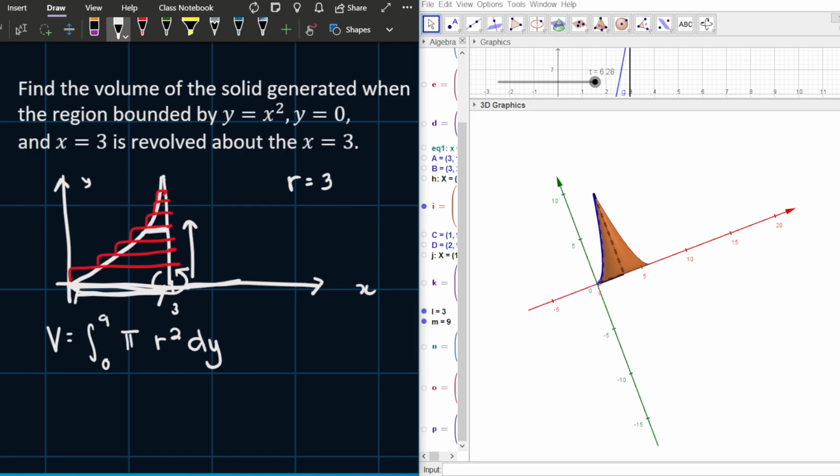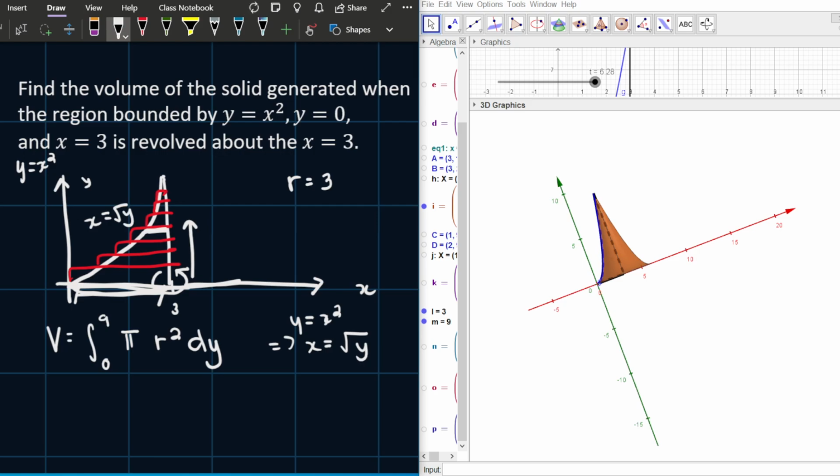So, paano natin isusulat yun in a nice way? Now, notice that we have y equals x squared. Pero since we're using horizontal rectangles, si y equals x squared, isusulat natin to as x equals square root of y. So, itong part dito, this is again x equals square root of y.